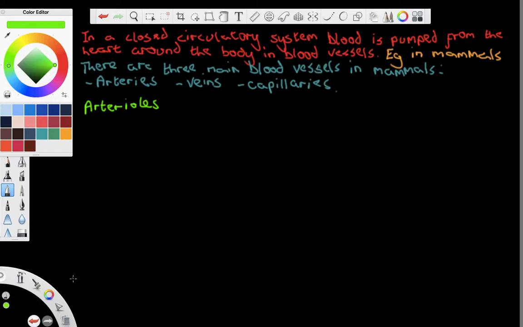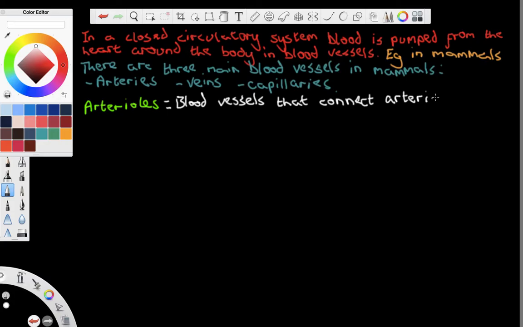Okay? Arterioles are blood vessels that connect arteries to capillary beds.